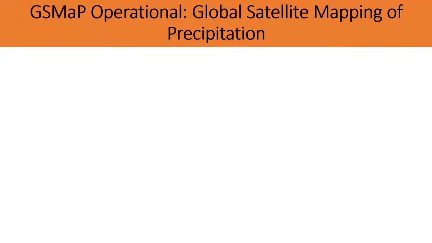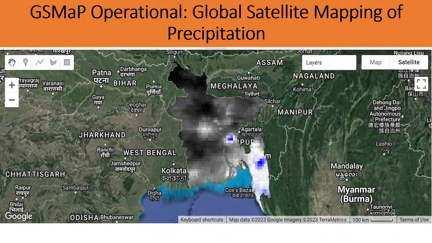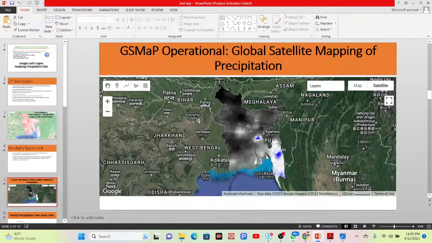Now we talk about the global satellite mapping of precipitation. You can easily access this type of data from the Google Earth Engine platform, and we can find out the condition of the precipitation every hour or at 3-hour intervals. Let's go.